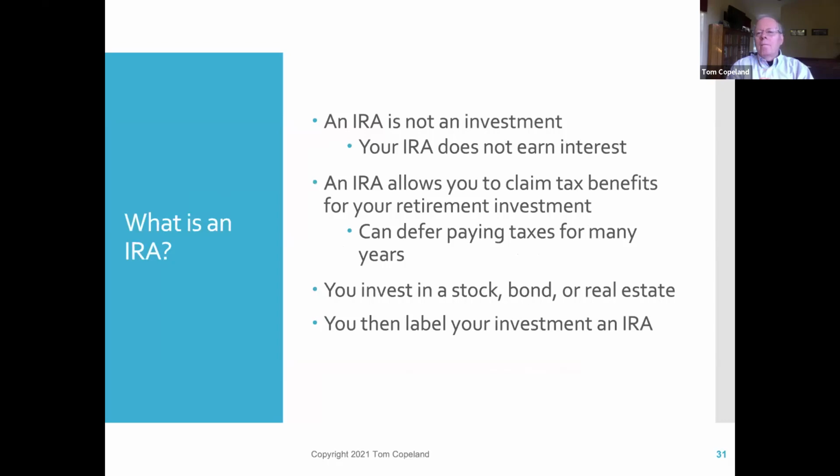You can invest in an IRA that invests in almost anything, stocks, bonds, real estate. You pick a fund and you label it, this is my IRA, to get the tax benefit of that investment.